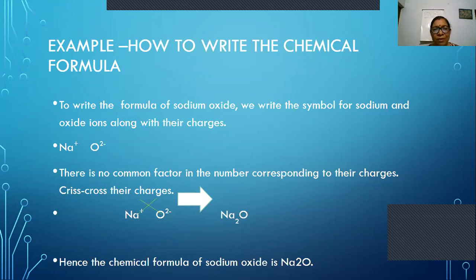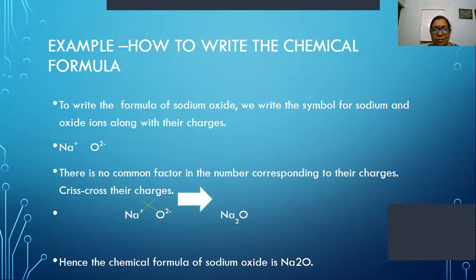There is no common factor in the numbers corresponding to their charges. Sodium has 1 and oxygen has 2, so there is no common factor. So we crisscross their charges.